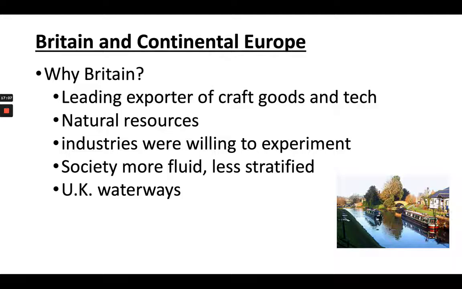You also have the benefit of being an island, so you can always get your goods to the North Sea and sail around. So it also helps that you have a huge navy, right? Already England was the leading exporter in tools, in hardware. They needed to be inventive because, apart from the English Channel, they don't have any line of defense against their neighbors.